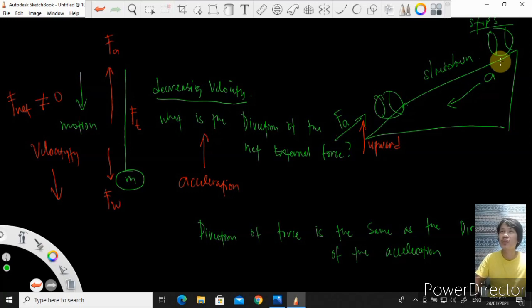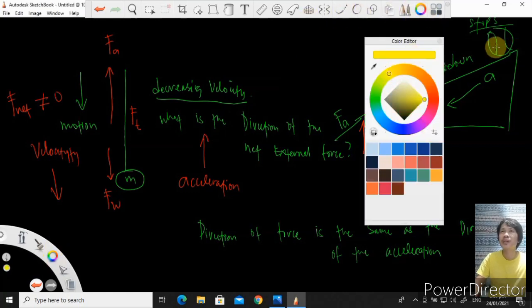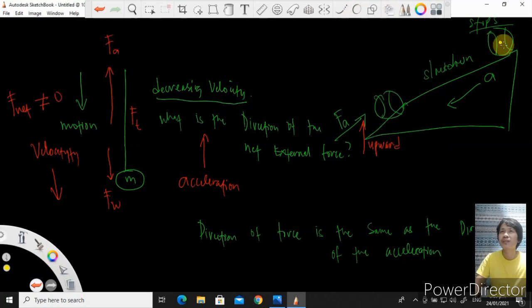Kasi kapag dinrawing mo yung diagram nito, yung force of weight niya talaga will be downward. Syempre, lagi naman downward yung force of weight. Pero dahil naka-inclined yan, yung force F sub W na yan, dahil downward yan, mahahati yan into two components.